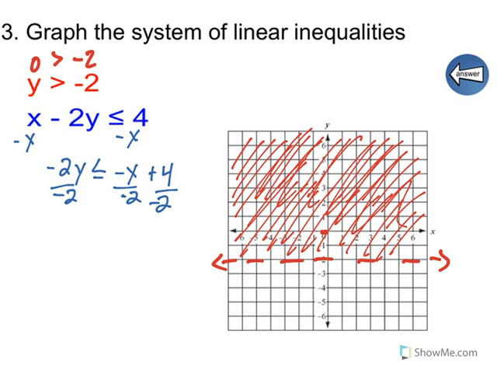Don't forget that when I divide by a negative, I need to reverse the inequality, so it's going to become less than or equal to positive 1/2 x minus 2. So this says start at negative 2 and go up 1 and over 2, or down 1 and back 2.